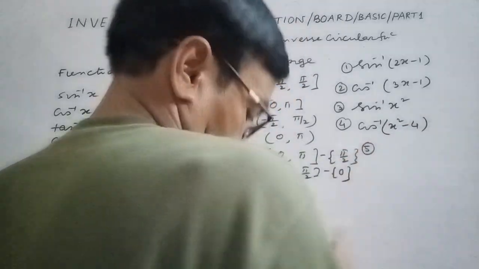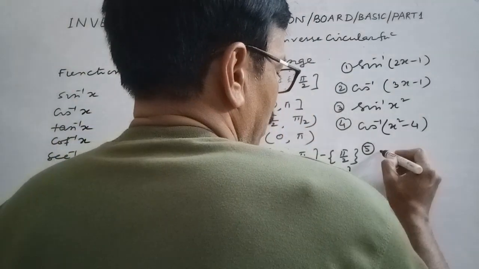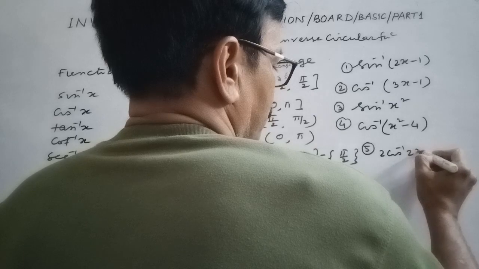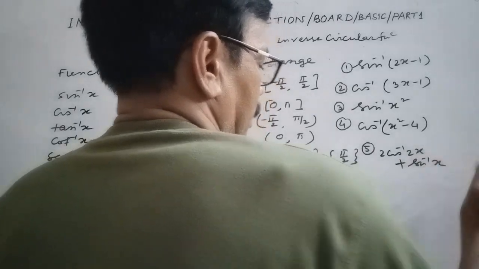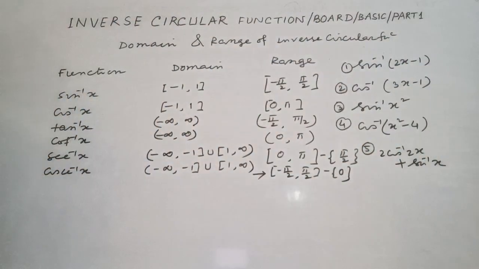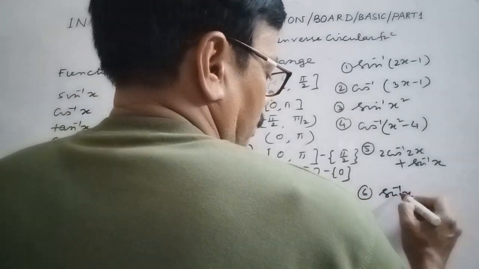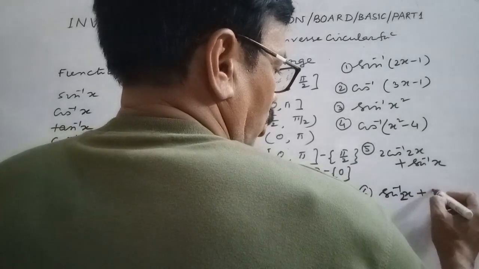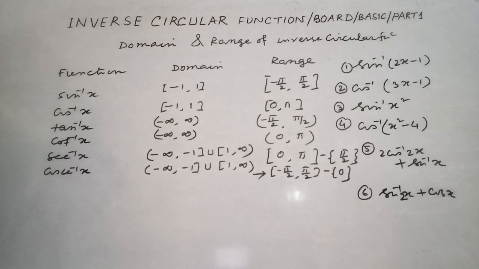Number 5, 2 cos inverse 2x plus sine inverse x. Number 6, sine inverse 2x plus cos x.